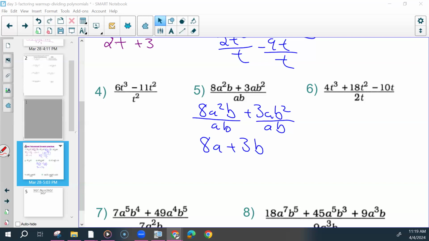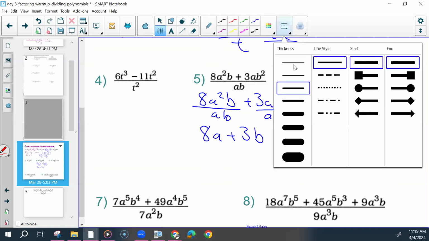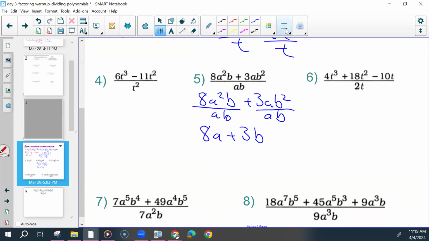We'll do 6 and then 8 and then the others you guys want to see me go over. The 4, 6, do we want to separate or use GCF? If you want to use GCF while we're doing separate, that's fine. If you were to separate them, put each one over 2t. And divide.